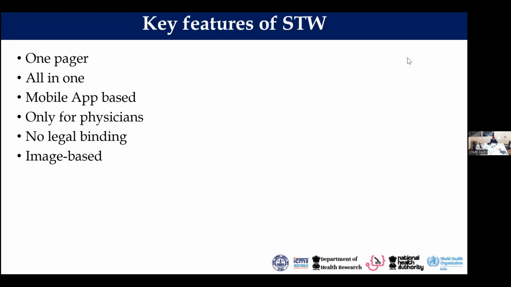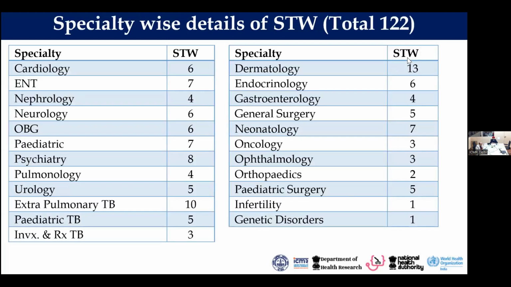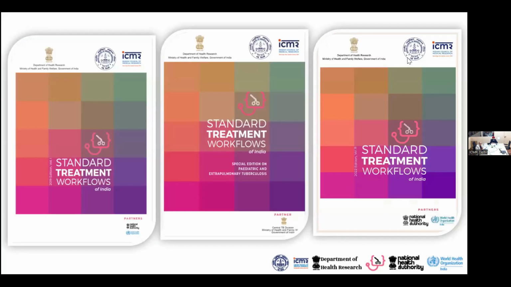Also, where required, the information is illustrated with pictures or images. So far, 122 STWs have been developed across different specialties like cardiology and others. These STWs are available in book form in three volumes: 1, 2, and 3.